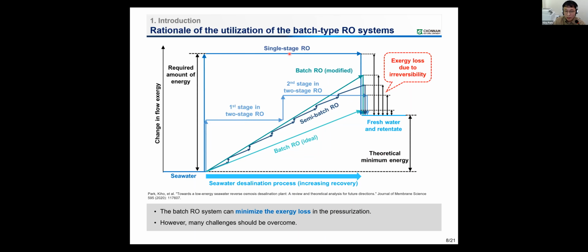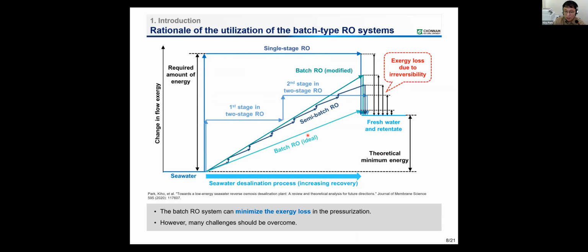Compared to the single-stage continuous RO system, this is the exergy loss due to irreversibility. By employing different RO configurations, for example, a two-stage RO system, a semi-batch RO system, or a batch RO system, the irreversibility can be reduced compared to the single-stage RO system.